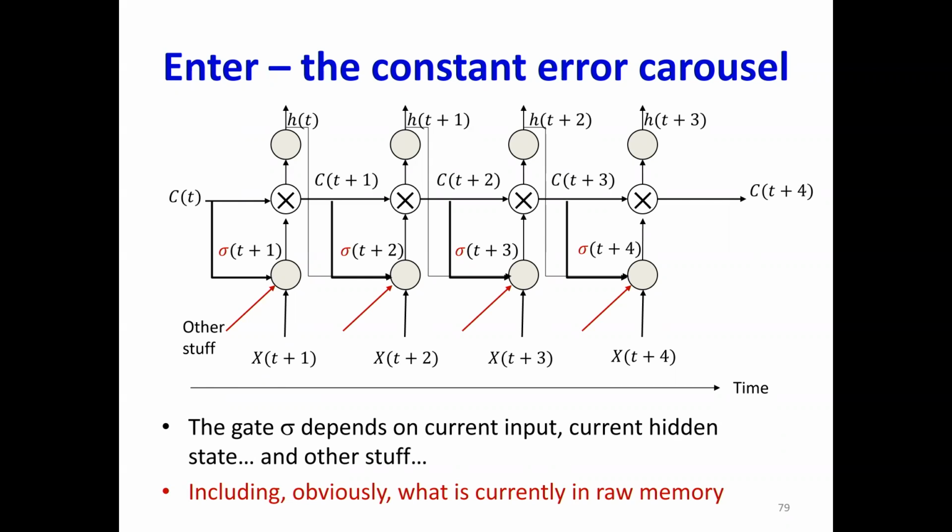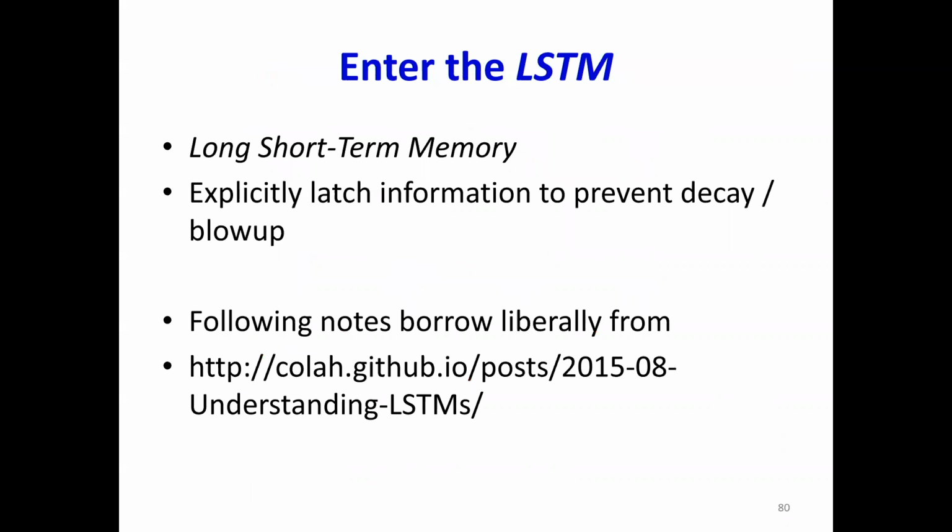And so this structure is what we will call the long short-term memory neuron. The concept that's being encoded by the LSTM is basically the notion that we just discussed. Okay, questions? No? Okay. LSTMs explicitly latch information to prevent decay or blow up.